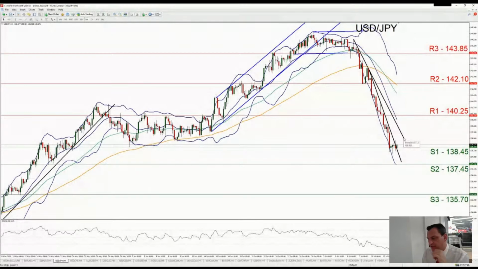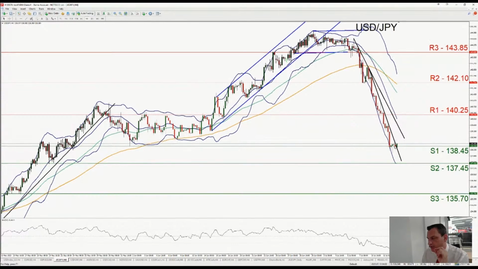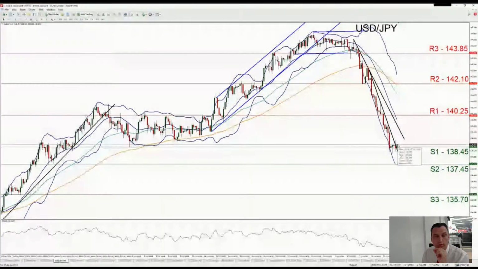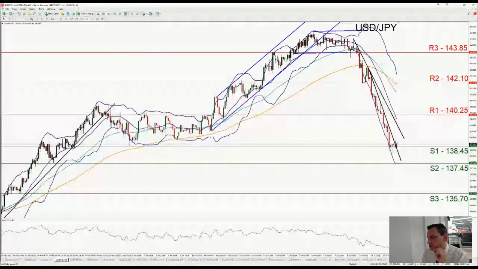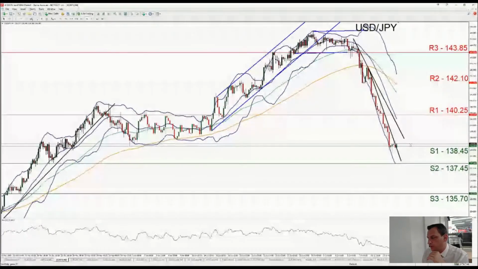The first element is that the price action seems to have hit the floor at the 138.45 support line, and it's characteristic that the downward trend line guiding the pair seems to have been broken. That tends to suggest a switching of the outlook from a bearish outlook in favor of a stabilization of the pair around the S138.45.